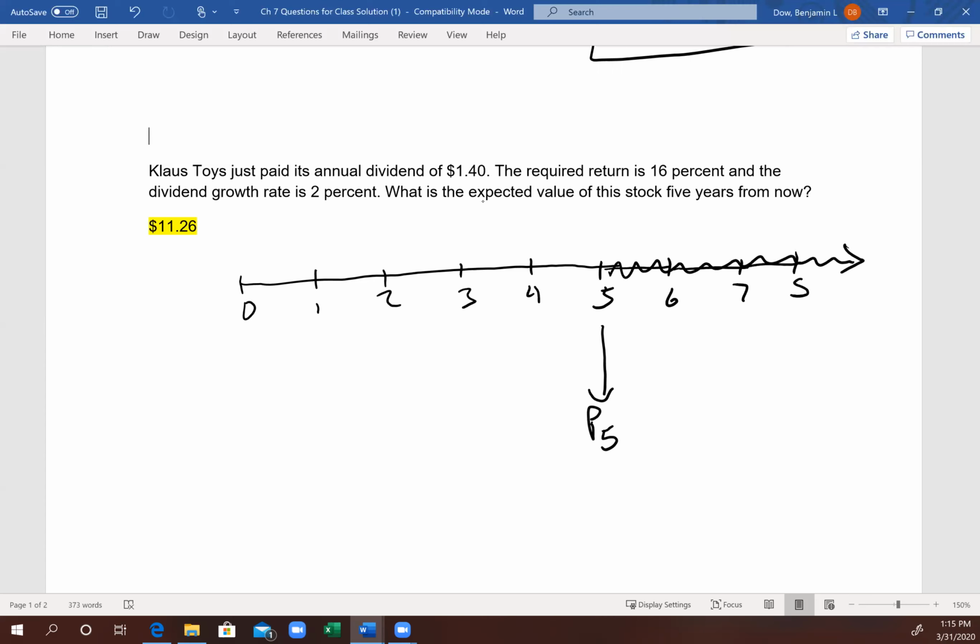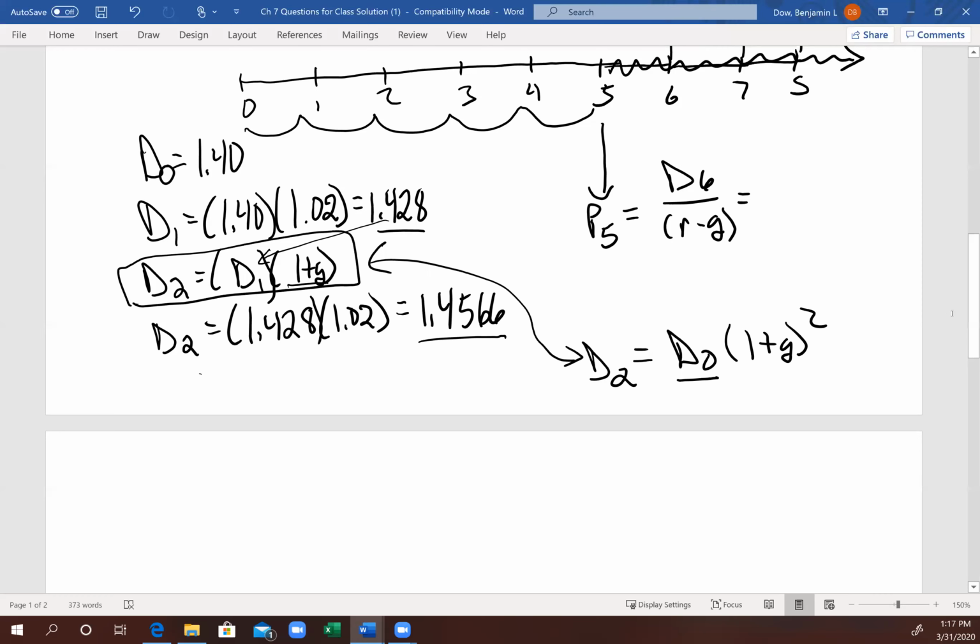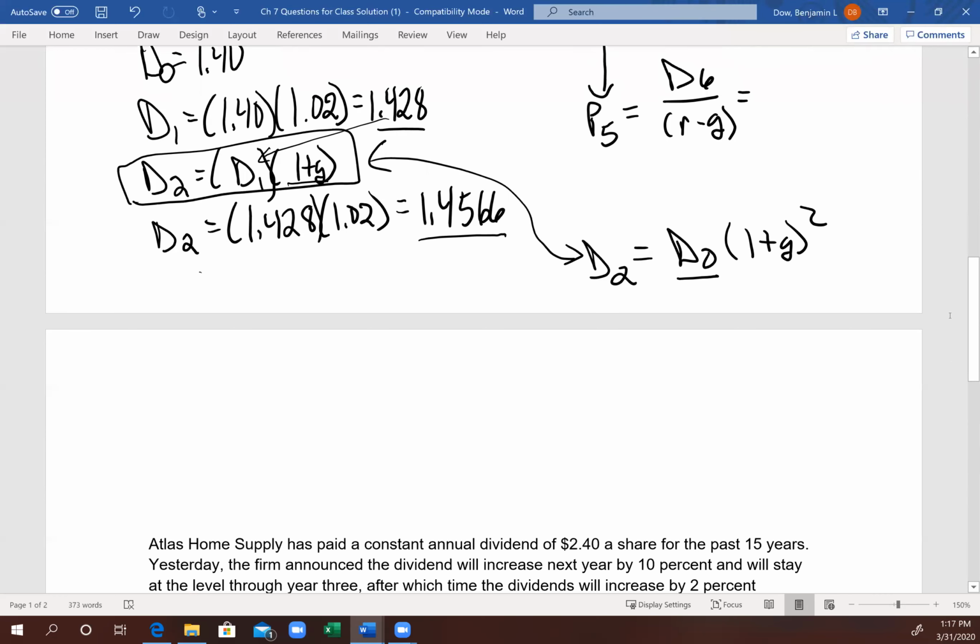So you could get there directly by taking D0 times 1 plus the growth rate squared. So therefore, if you really wanted to find, for instance, D6, following that same line of reasoning, D6 is equal to D0 times 1 plus G to the 6th power. So D6 would be equal to $1.40 times 1.02 to the 6th.